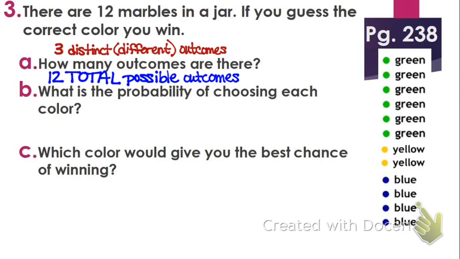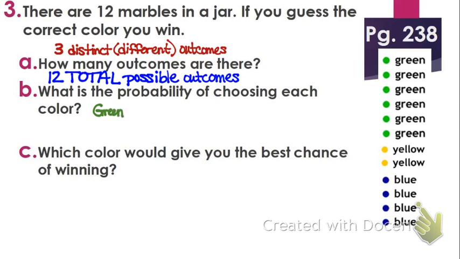Because once that blindfold goes on, you don't know which is which. And if they didn't show you the jar beforehand, they just said, reach into the jar. If you grab the right color, you win. You're like, how many colors are there? They're like, blindfold goes on. You don't know. For all you know, there's 12 different colors because all you can do is reach into that jar and feel the different shapes. Does that make sense? I want to write the probability of choosing each of these different colors here.